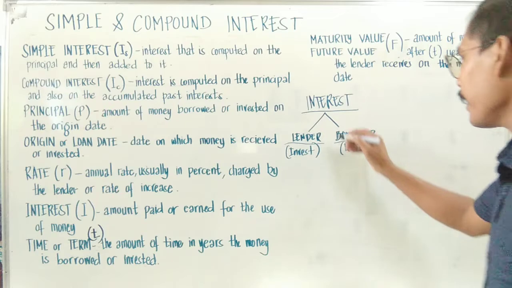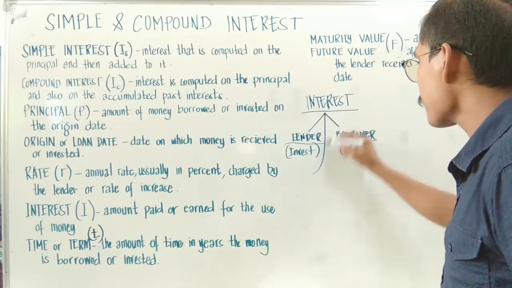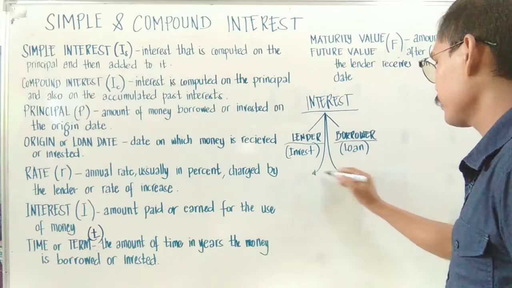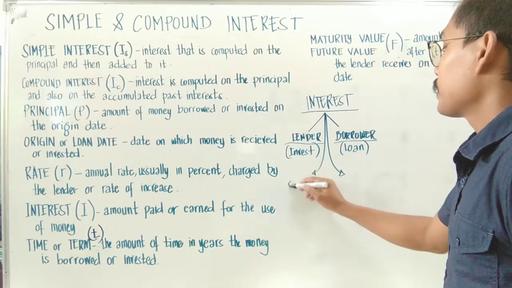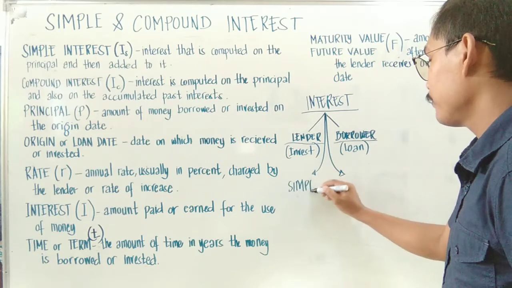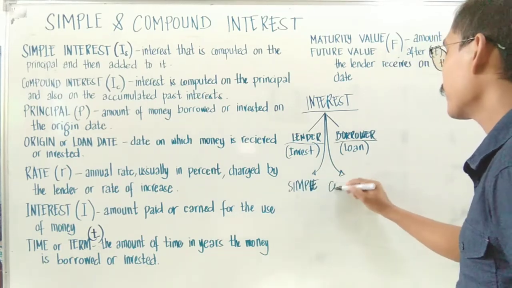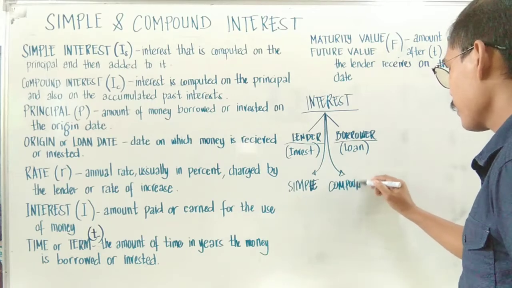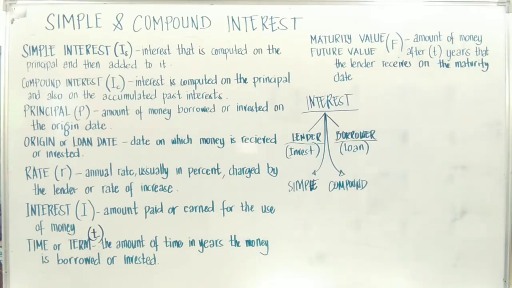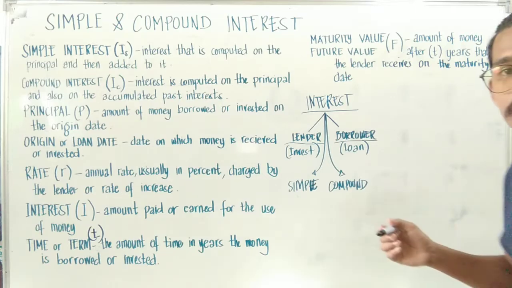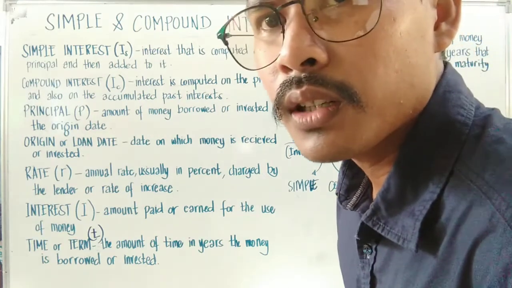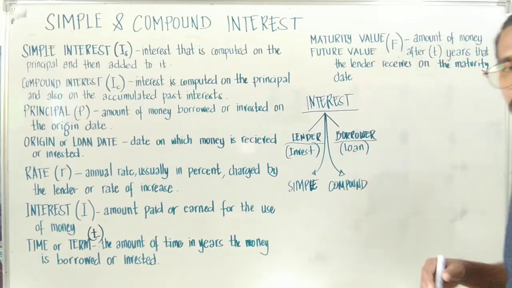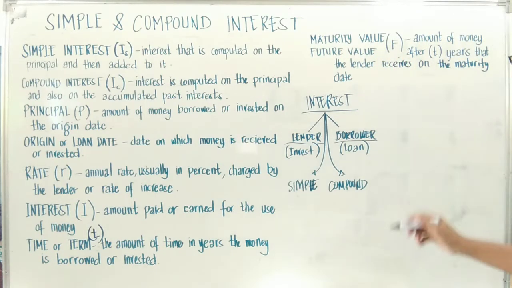Okay? And speaking about interest, it can be a simple interest or a compound interest. Most probably, when you're lending money, investing, or availing of loans, most institutions are computing the interest using the compound interest.